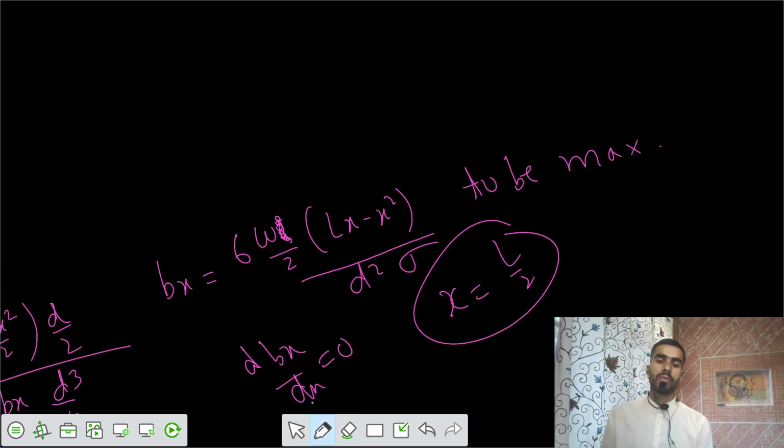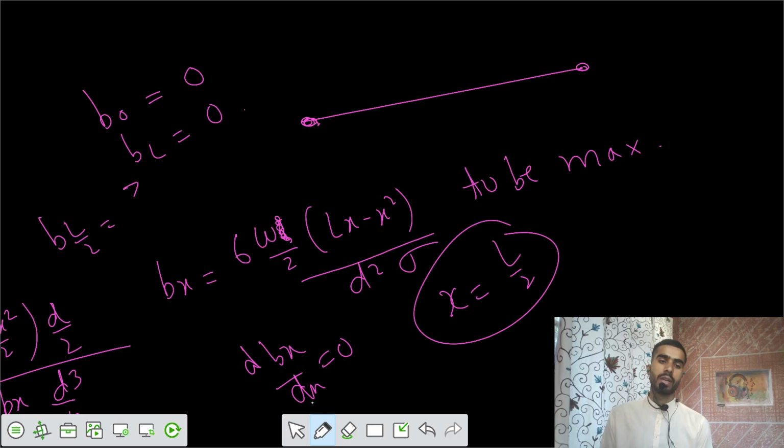What's the value of width at 0? That's also 0. Width at L is also 0. So finally you got 0 and 0. Then what's the value of B at L by 2? You substitute the values, and we get 3W into L square by 2 minus L square by 4, divided by d square sigma.